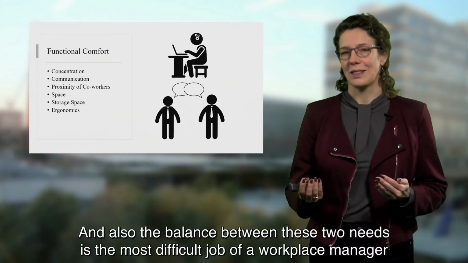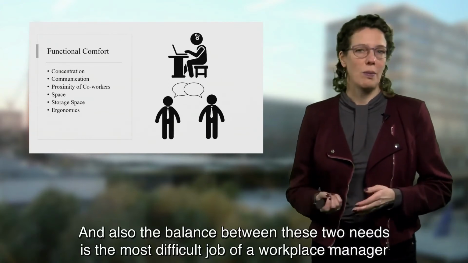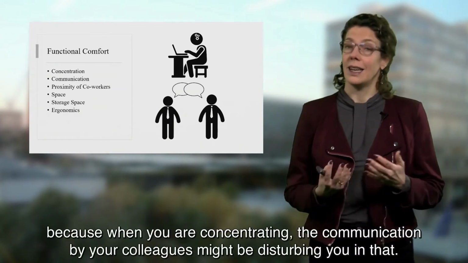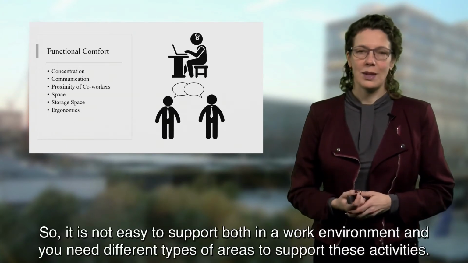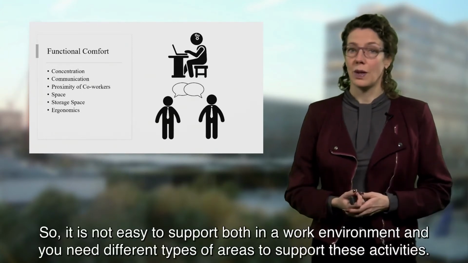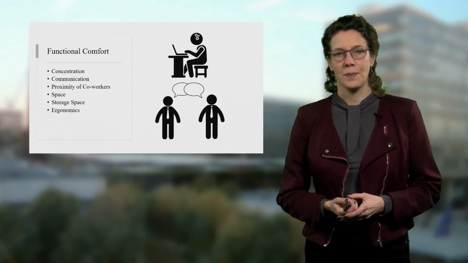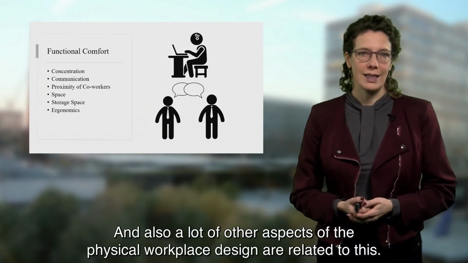And the balance between these two needs is the most difficult job of a workplace manager. Because when you are concentrating, the communication by your colleagues might be disturbing you. So it's not easy to support both in a work environment, and you need different types of areas to support these activities. And also a lot of other aspects of the physical workplace design are related to this.